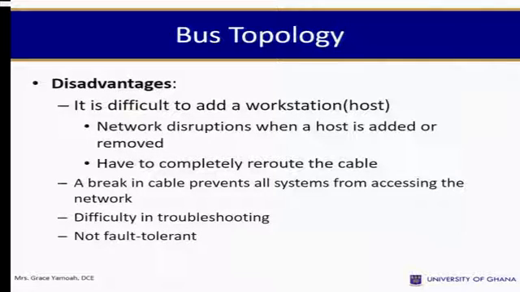There are network disruptions when a host is added or removed; you have to completely reroute the cable. A break in the cable prevents all systems from accessing the network. Difficulty in troubleshooting, not fault tolerant.